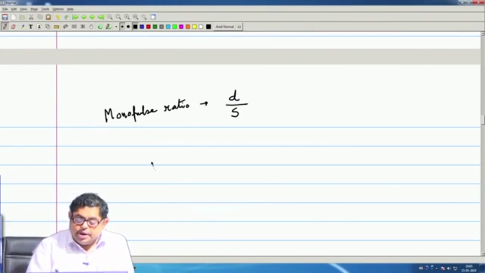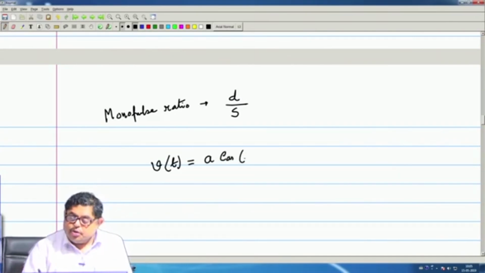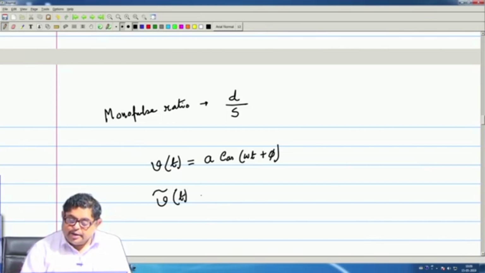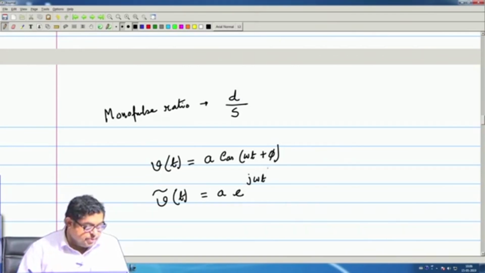If we have an RF voltage, a sinusoidal voltage, because we have a carrier, A cos(omega t plus phi), in phasor notation we write it as V(t), where V(t) is A e to the power j(omega t plus phi).